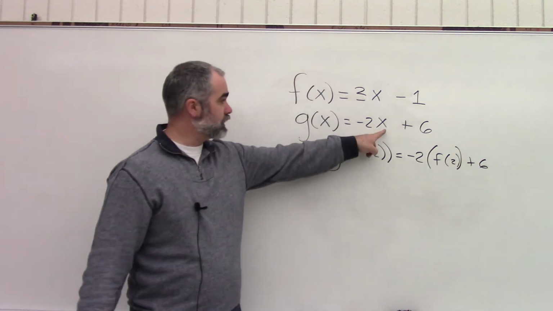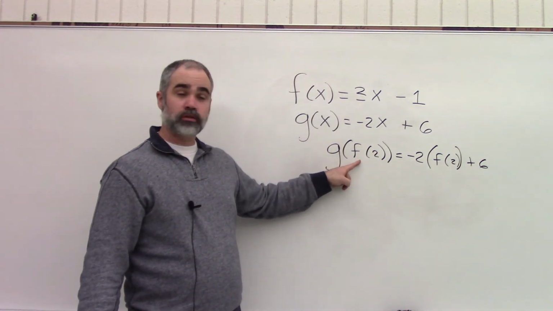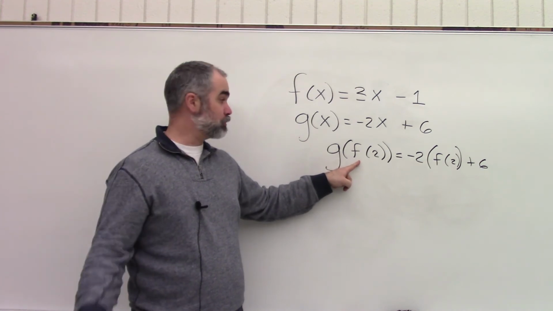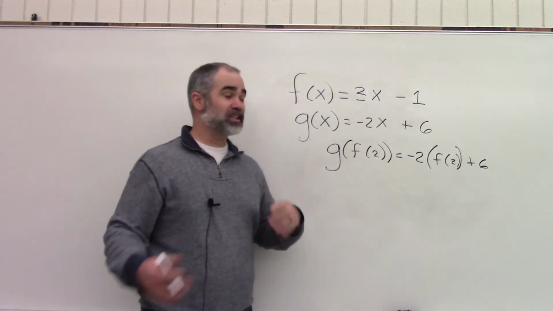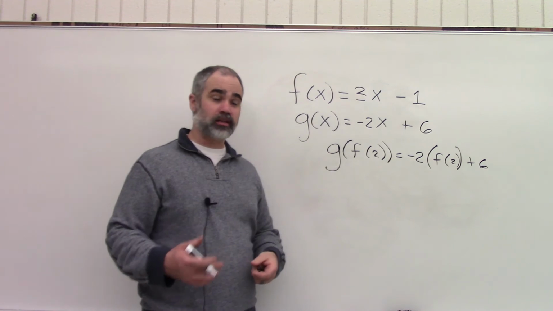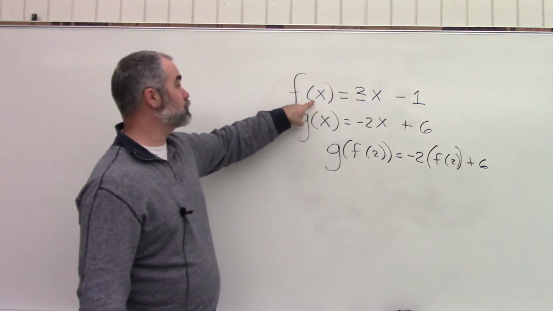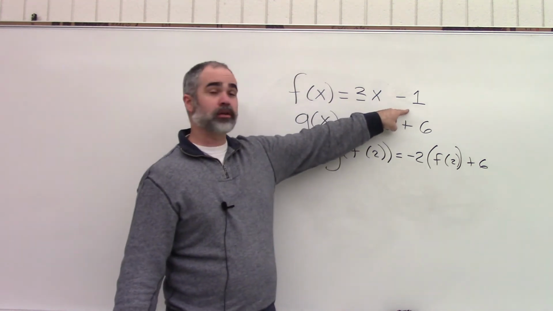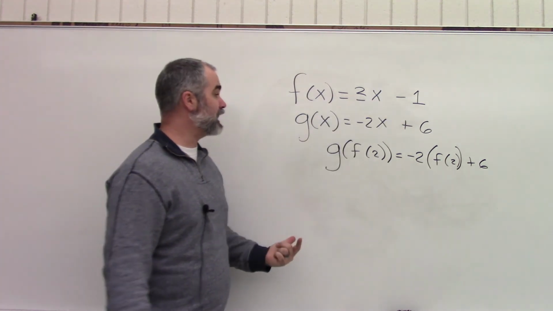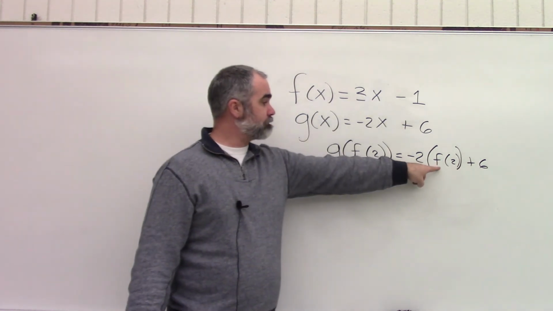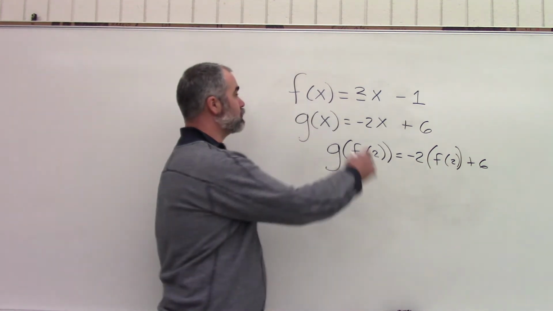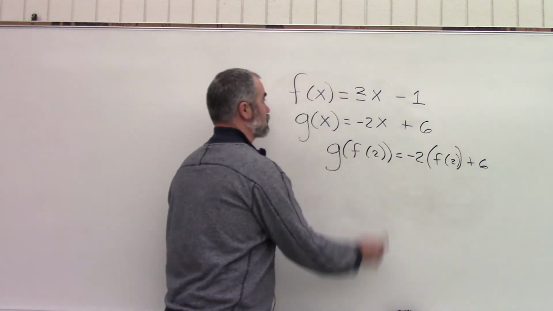Notice the x in here has been replaced with what the x is in this problem, which was f of 2. Now, it can get a little bit more complicated, though, because we know what f of 2 equals. f of 2 is this up here. So I can replace f of 2 with whatever f of 2 actually equals.